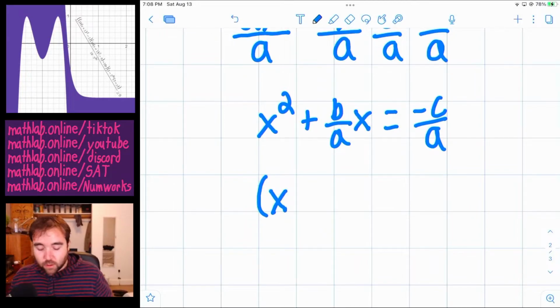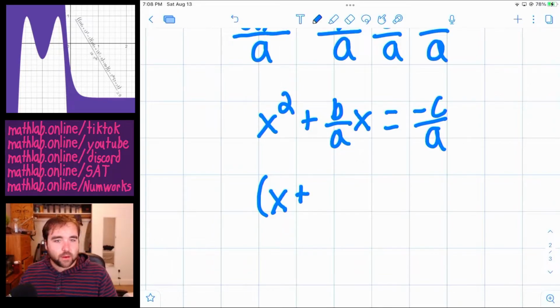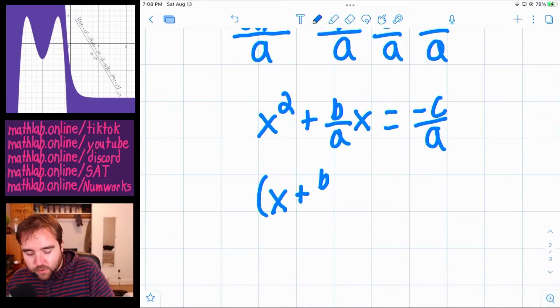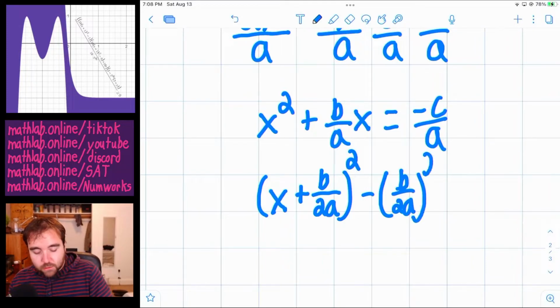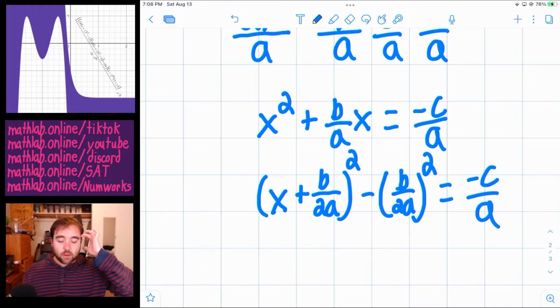So we have x, and then half of that. So that just means we got to multiply by a half. We just got to put a 2 on the bottom. So b over 2a squared minus that squared equals negative c over a. So that's our completing the square step.